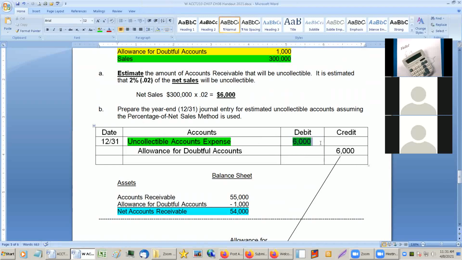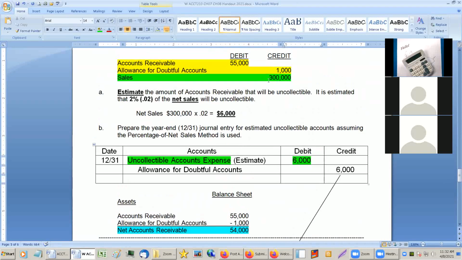This is an estimate, but we estimate that we are not going to collect 6,000. So it'll be subtracted.